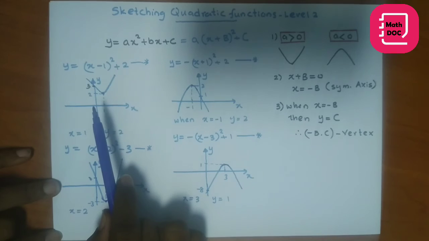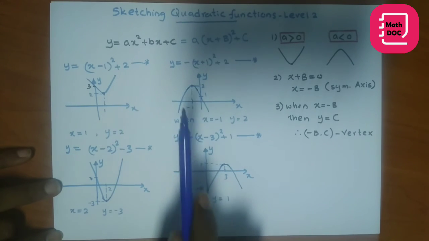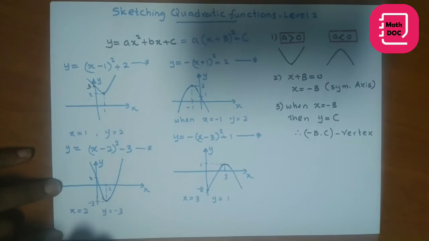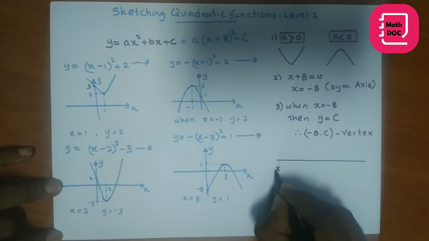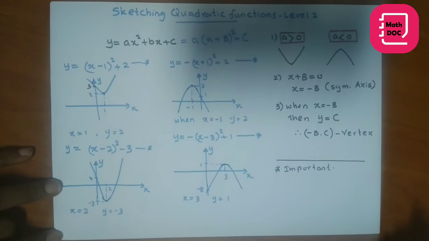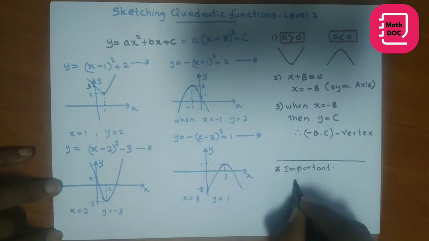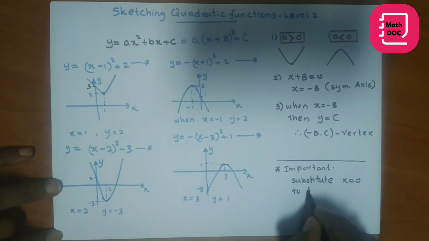Then first find the vertex, then see the leading term coefficient, then sketch the function. And an important thing: when you find the y-intercept, substitute x equals 0 into the function.